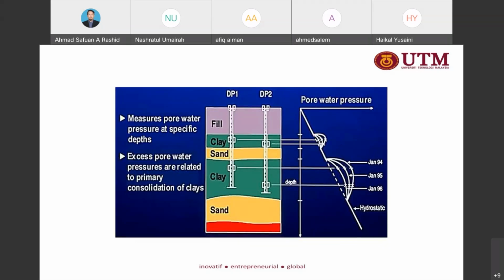When we do loading, the pore water pressure will be increased, so we need to make sure that it doesn't become greater than a certain value, otherwise the embankment will collapse.